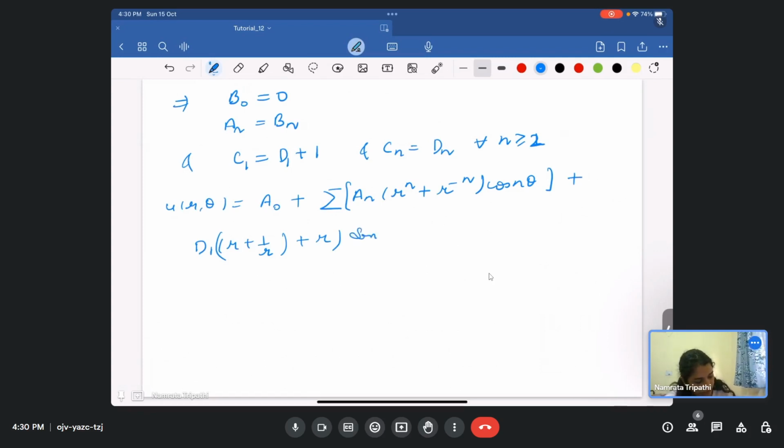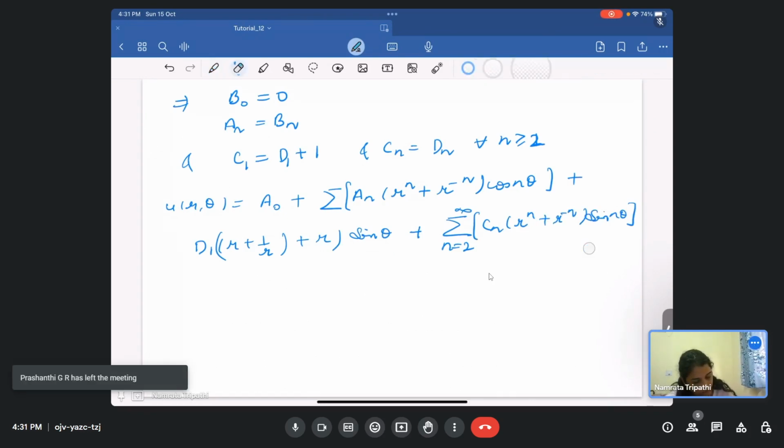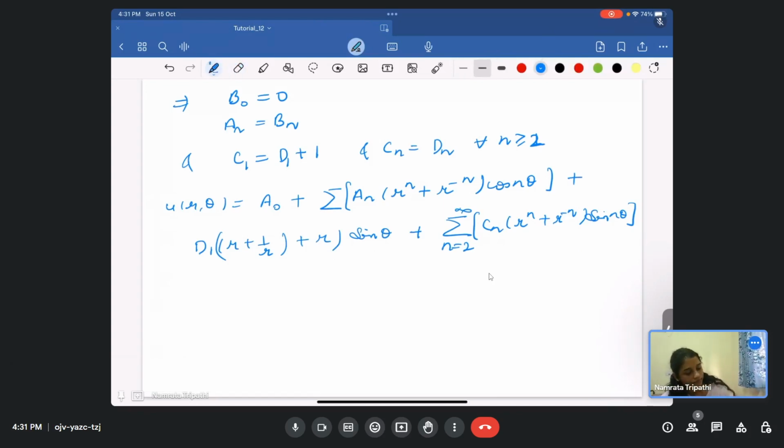So I am writing plus the sum over n equals 2 to infinity into sin n theta. So this is after applying one boundary condition.